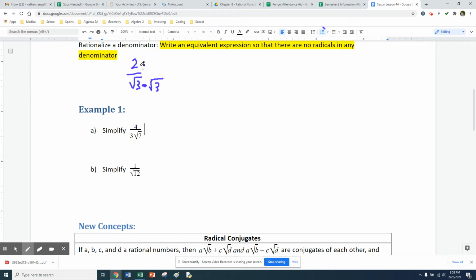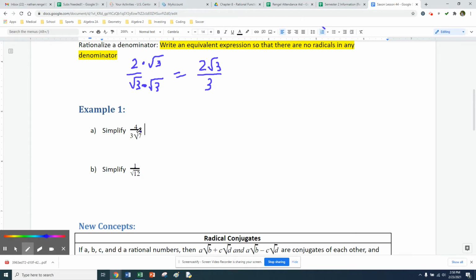Now, one thing is when we have fractions, if we multiply our denominator by the root of 3, we also have to multiply our numerator by the root of 3. So we end up getting 2 root 3 all over 3, because the square root of 3 times the square root of 3 would be square root of 9, which is 3. And we would check to see, is there anything that we can simplify? 2/3, nothing we can do. So that would be our final simplified result.